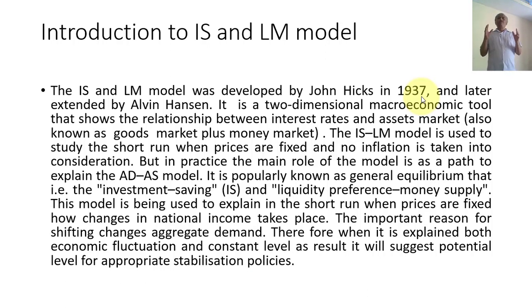It is popularly known as general equilibrium: investment, saving, liquidity preference, money supply. This model is used to explain the short run, when prices are fixed, how changes in national income take place, and the important reasons for shifts in aggregate demand. Therefore, it explains economic fluctuations at a constant price level.